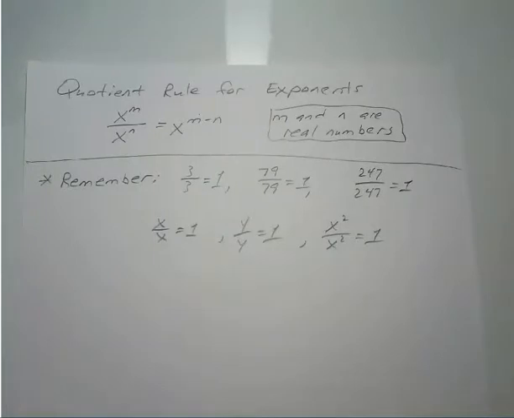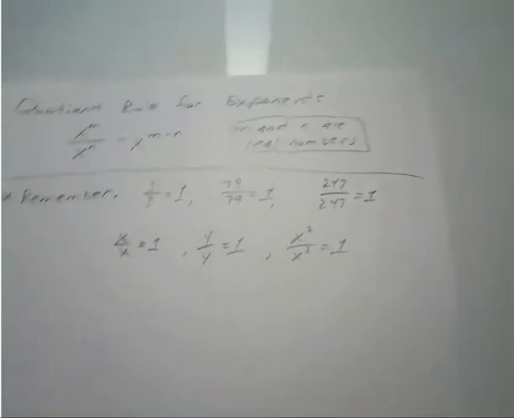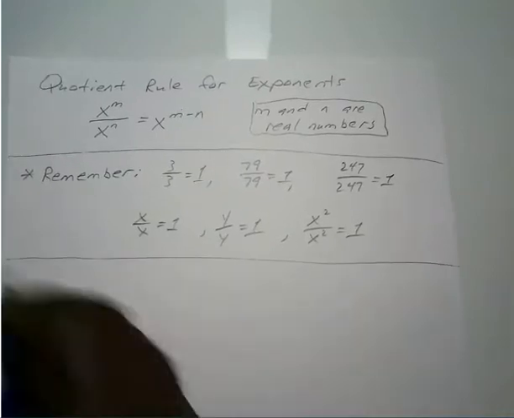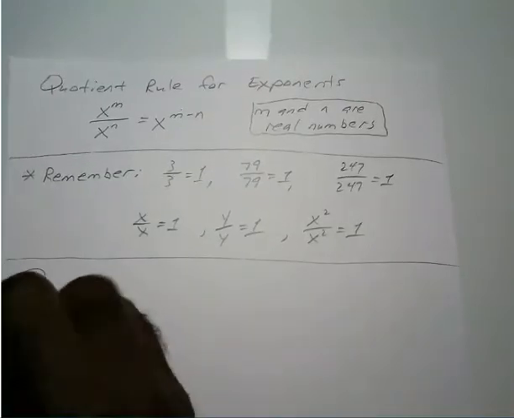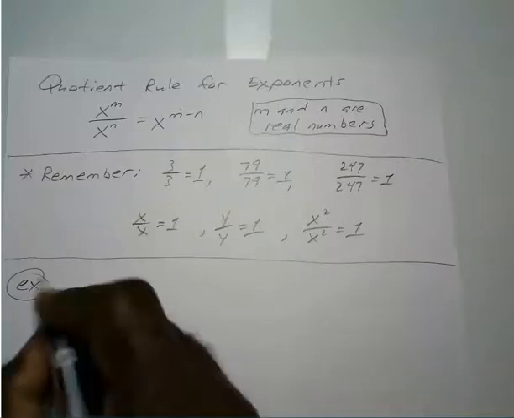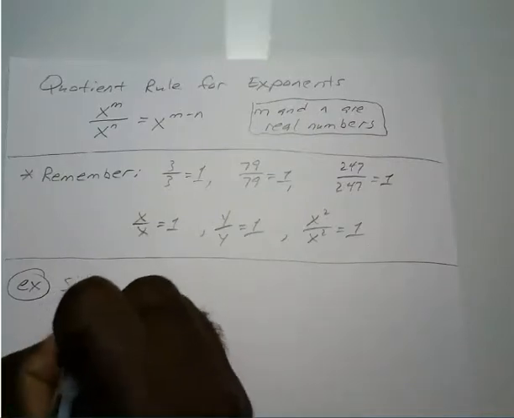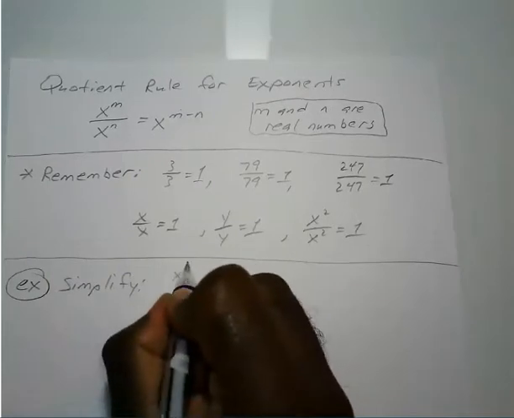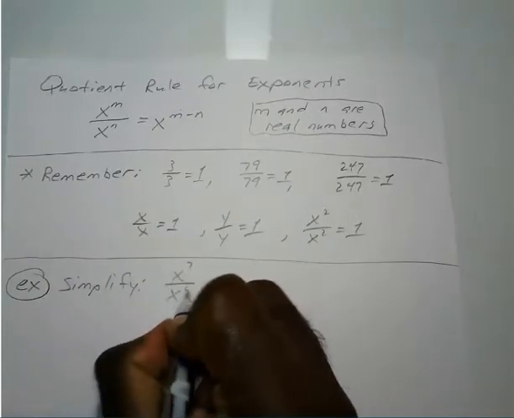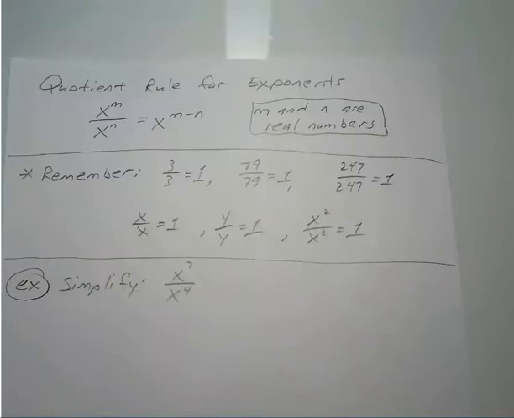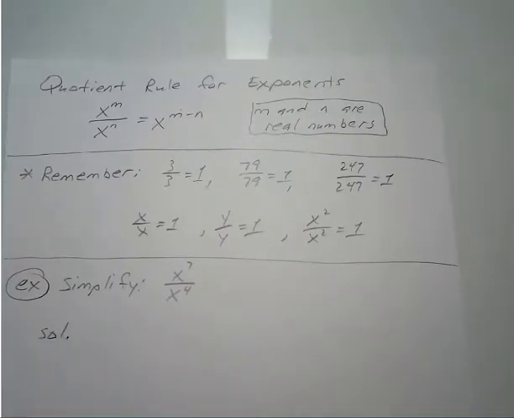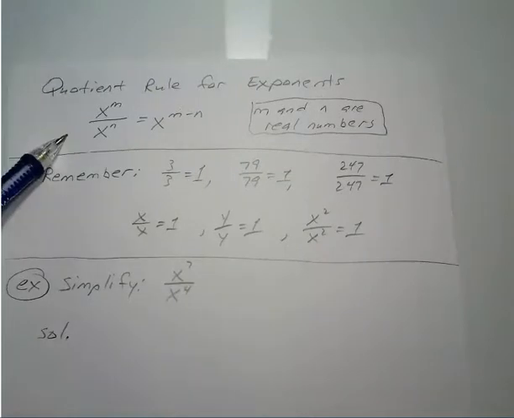Now let's go into our first example. What if we wanted to simplify x to the 7th power over x to the 4th power? First we're going to do it the long way, then we're going to do it using the quotient rule.